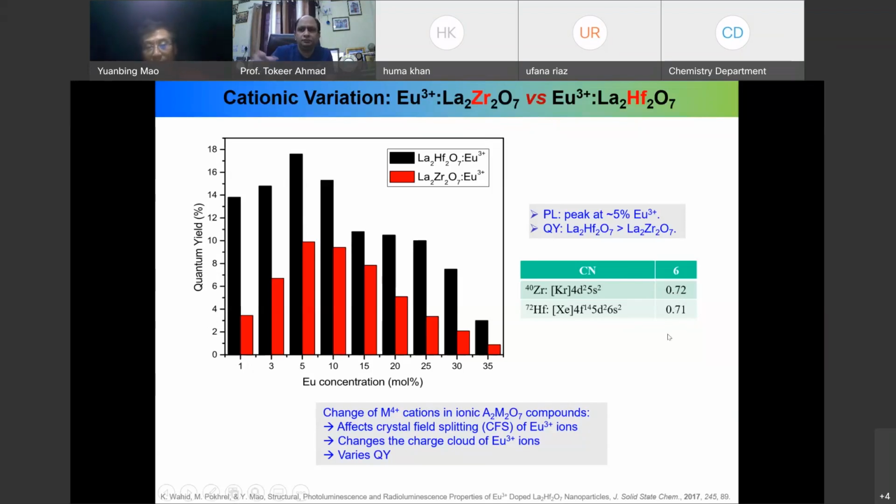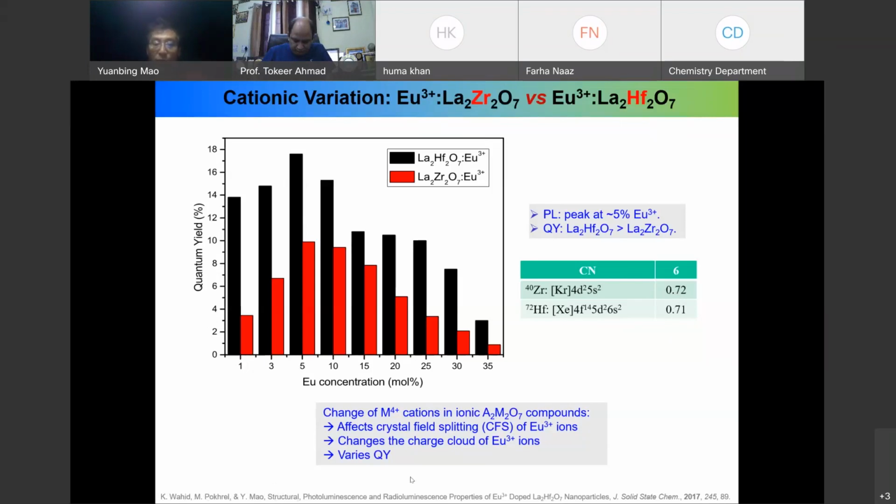Of course, the ionic radius is only one factor, and hafnium 4+ definitely has 32 more electrons than zirconium 4+.